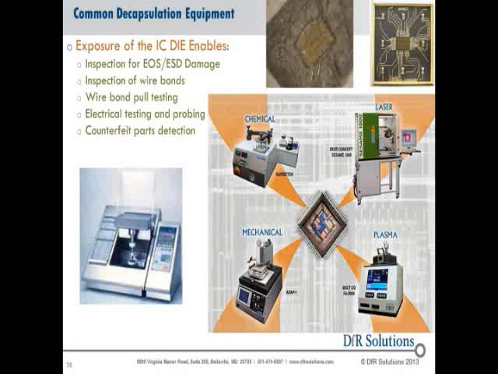So you'll often want to use these to directly look at a die, for potential electrical overstress or electrostatic discharge damage, inspection of wire bonds, doing a pull test of wire bonds, like I said, electrical testing, and in particular counterfeit detection, to see if the die is actually the die that is supposed to be in there instead of a knockoff.